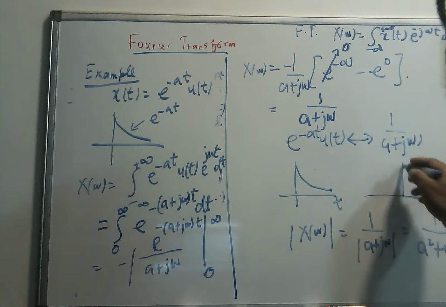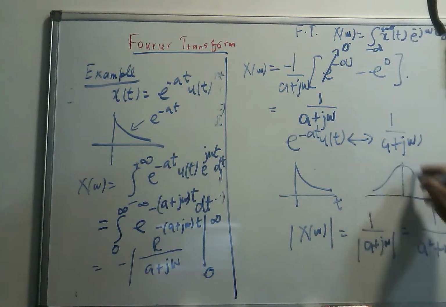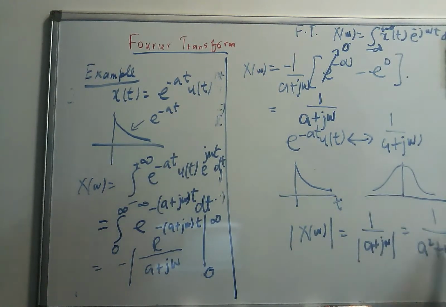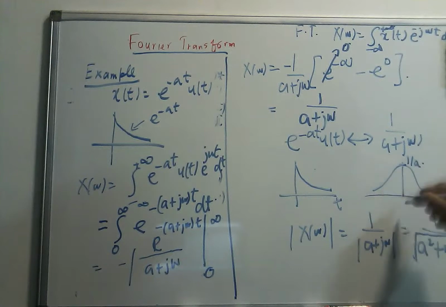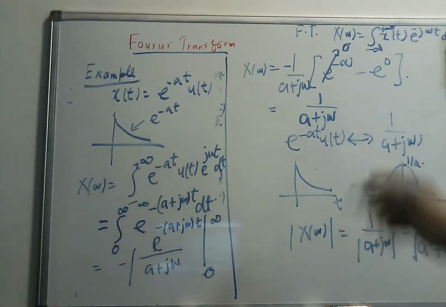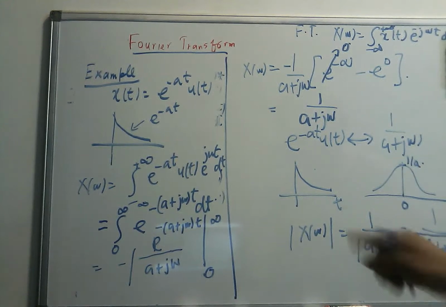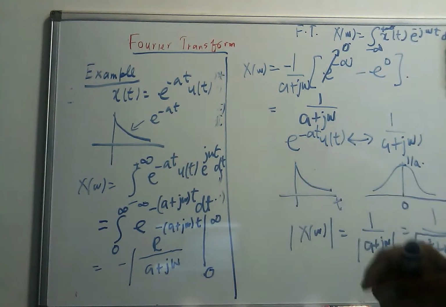So if I draw this in omega, it will be something like this. At omega equal to 0, it is 1 over the square root of a square, so this point is 1 over a.